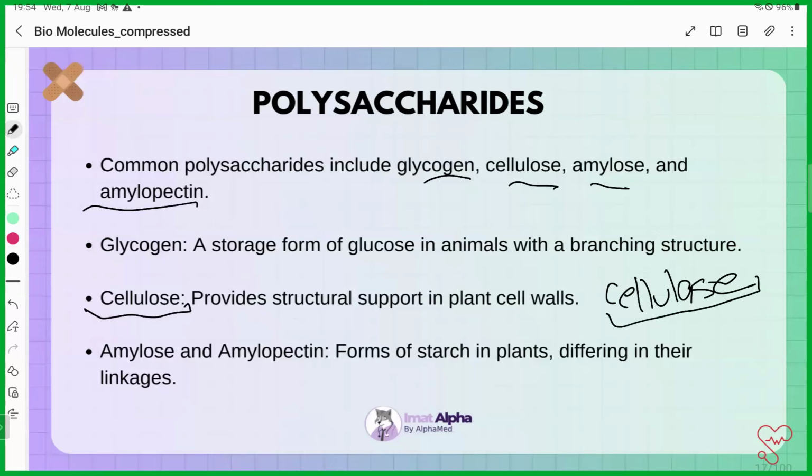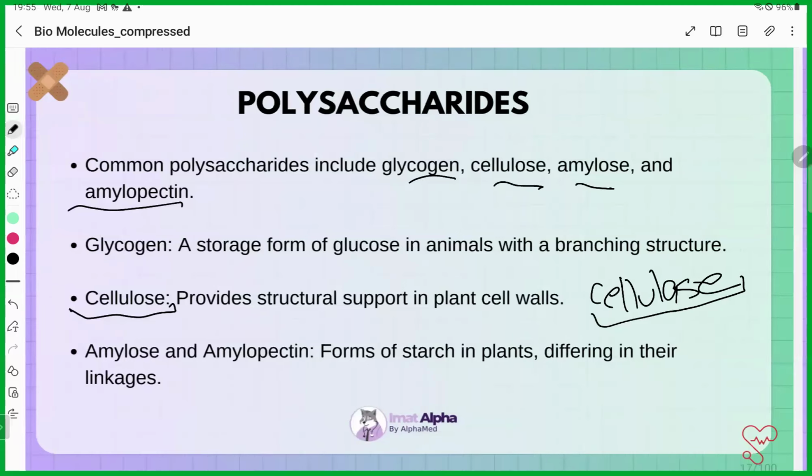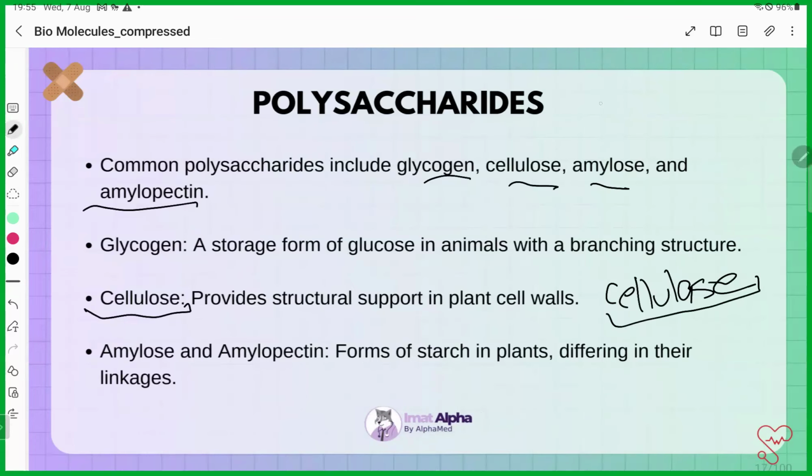Amylose and amylopectin, forms of starch in plants, differ in their linkages, because one of them will be branched and one of them won't be branched. About this one, I'm gonna be speaking in more detail after the break. Between the hours, I'm gonna be speaking about each one of them, and I'm gonna be giving you more notes for the IMAT about them and in what ways they might be asking the questions.